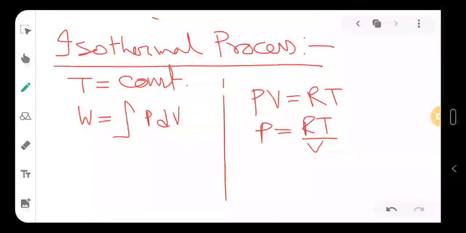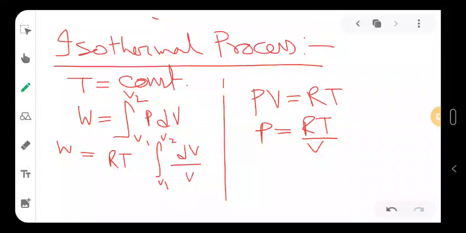If I substitute that here, the change in volume goes from V1 to V2. Instead of pressure, I can write RT, which comes out because it is independent of volume, so the integral is from V1 to V2 of dV by V. Doing the integration, I get the work done as RT ln(V2/V1).